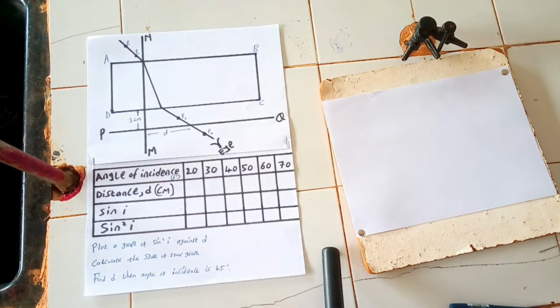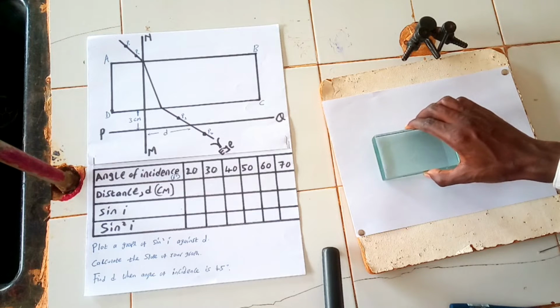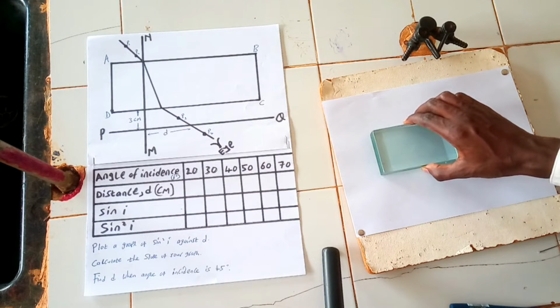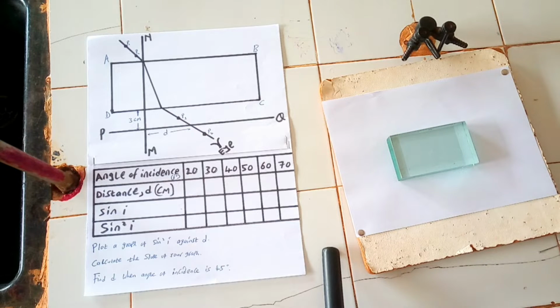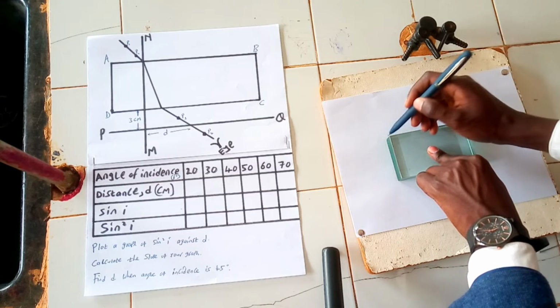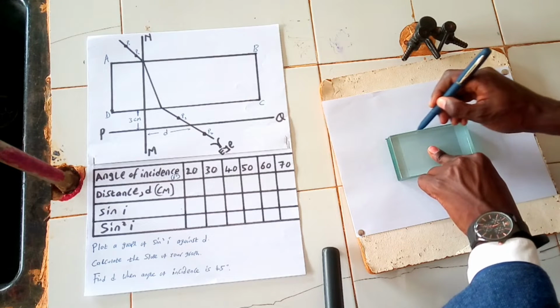These are 2 plain papers. Then we trace the glass block. Somewhere in the middle, we trace the outline of the glass block. We have to hold it firmly for us to be able to trace its outline.